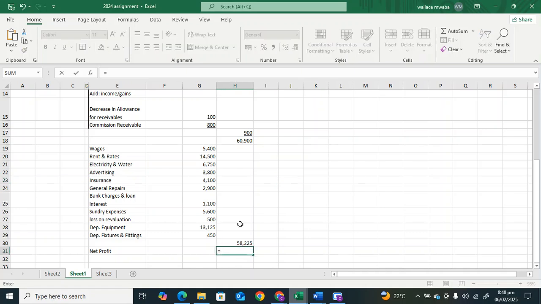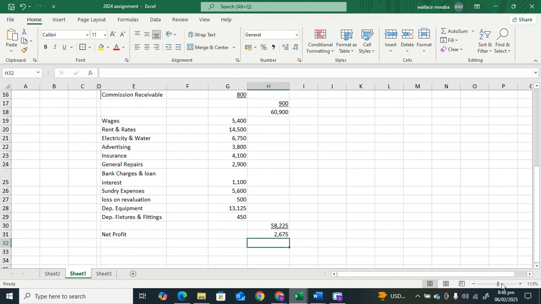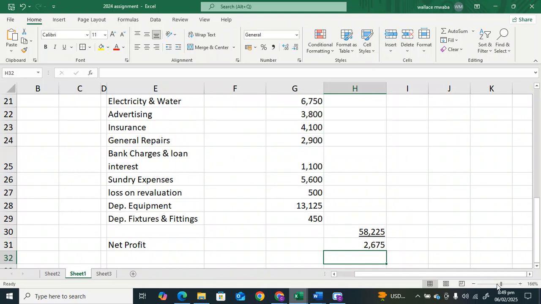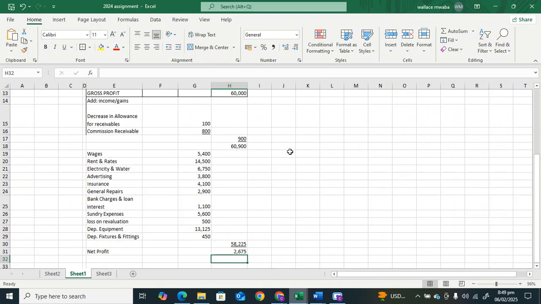So our gross profit, 60,900 minus our total expenses, 58,225, gives 2,675. That is our net profit.